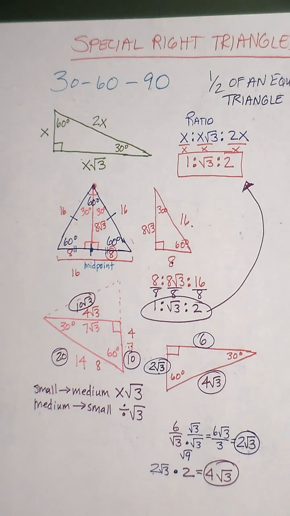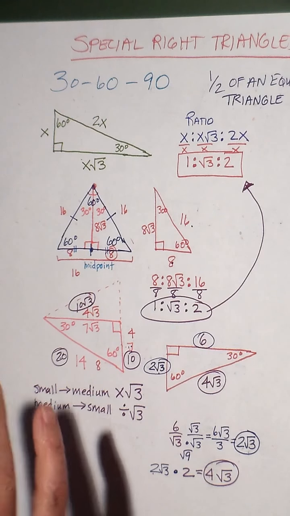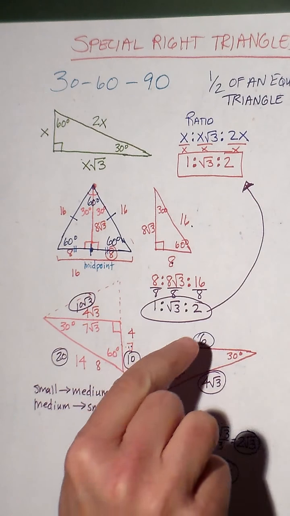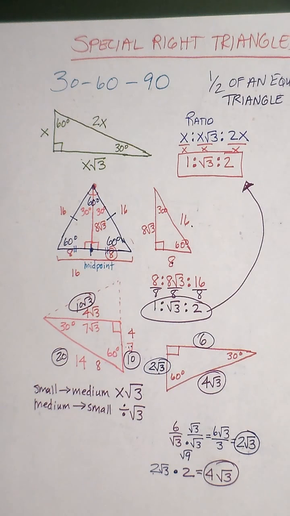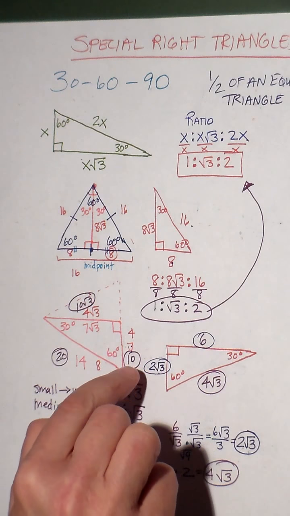So make sure you pay attention to which side you're given. Always identify which side is across from which angle. If it's across from the 30, it's the smallest side, which means it's half the hypotenuse, and when you multiply it by square root of 3, you get the medium side. If it's the hypotenuse, that means it's twice as big as the one with the 30.